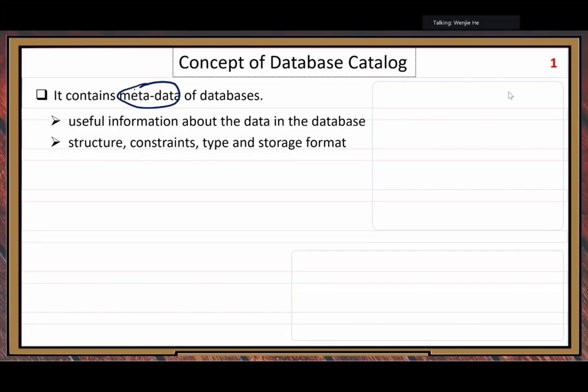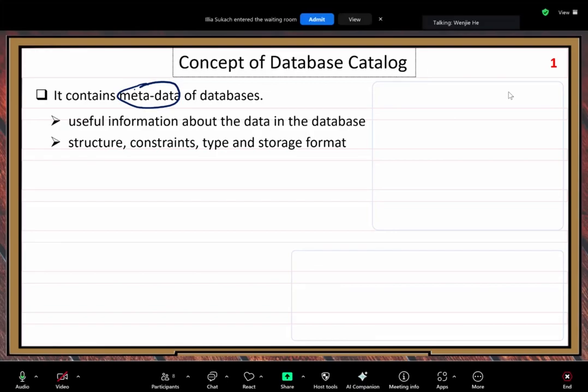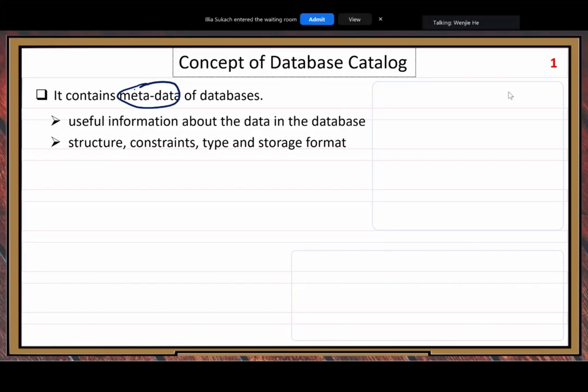Specifically, the structure, constraints, type, and the storage format. So what is inside that metadata? This kind of information is very important for our users to access the business data. It is accessed by the DBMS.